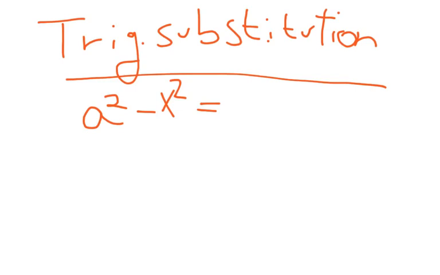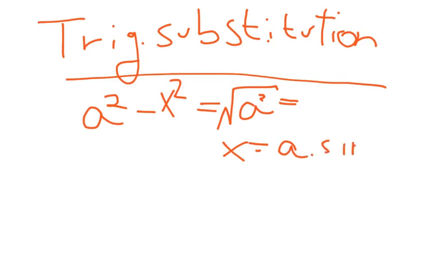So if that's the case, that means that we write our a, whatever our a is. Basically, we take the square root of our a squared, and then our x equals a sine of theta.